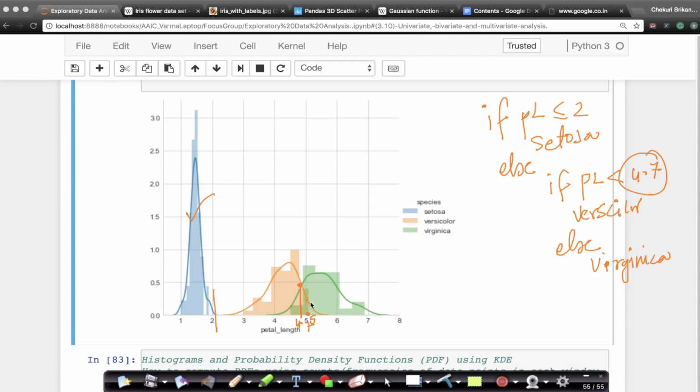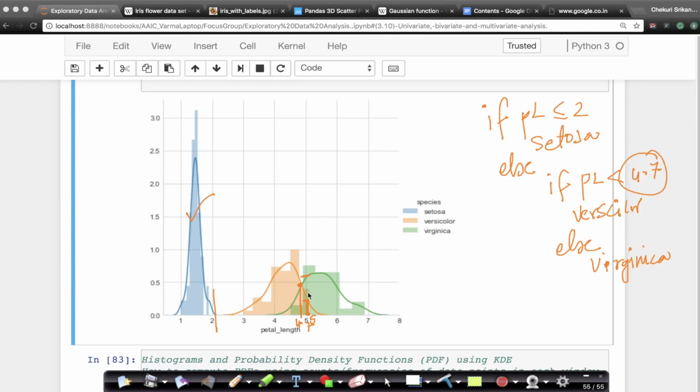For probability density, you can think of this as chances, because you find more points there, right? So the moment you see 5 here, you can say that I typically find only a small number of points of versicolor type, and I find more points of virginica type whenever I see a petal length of 5.